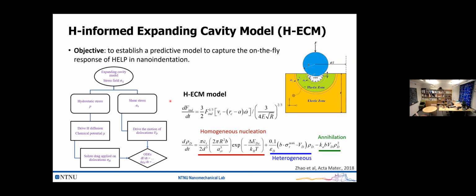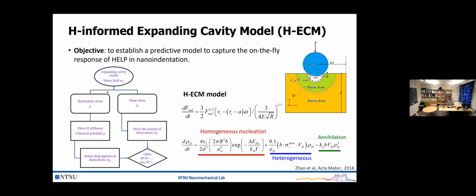The reason we chose the expanding cavity model, which was originally developed to describe an internally pressurized spherical shell with elastic and perfectly plastic material, is that, due to the similarity with indentation, it is very often used to describe the indentation process. So the main issue for us is how to involve hydrogen in the original ECM model.